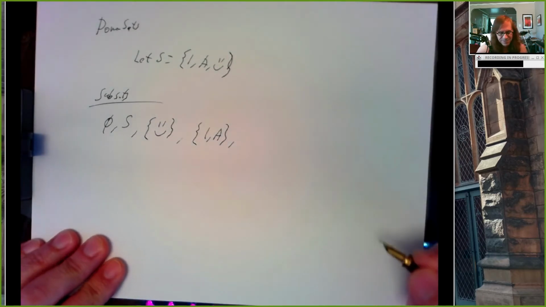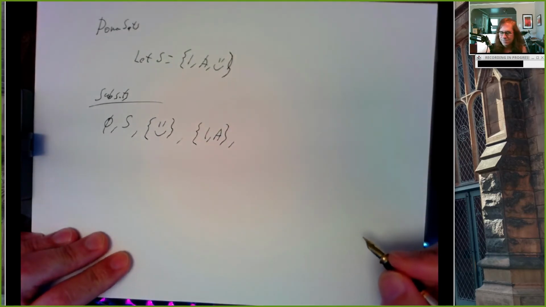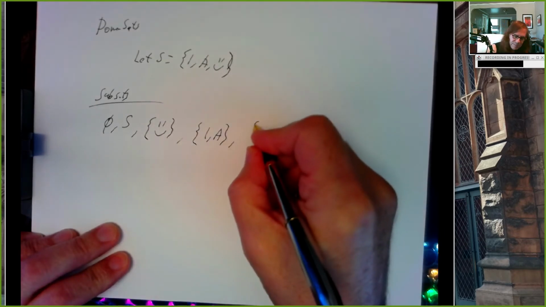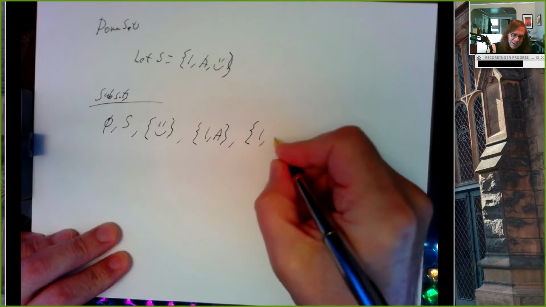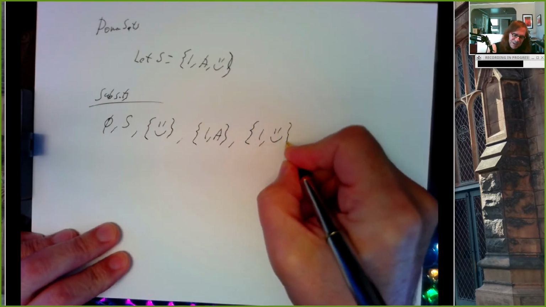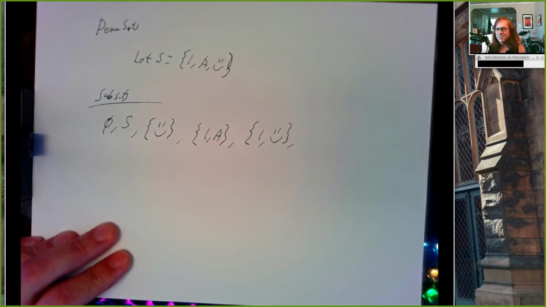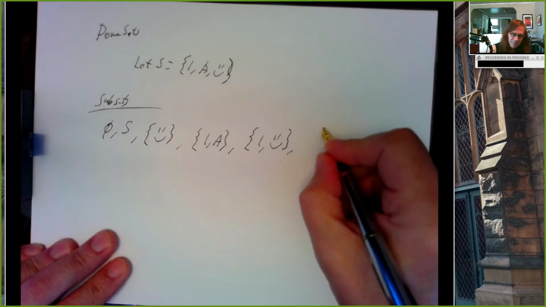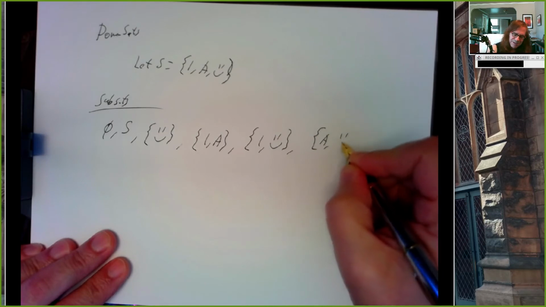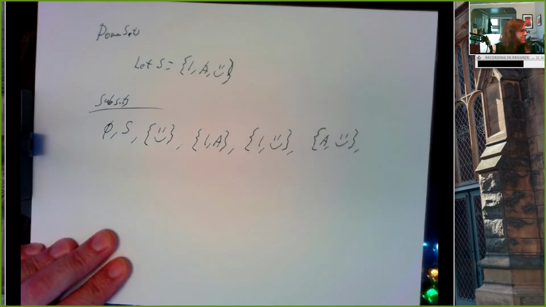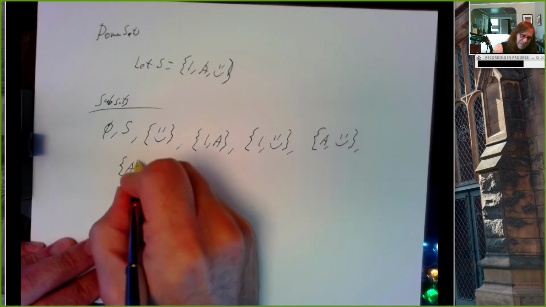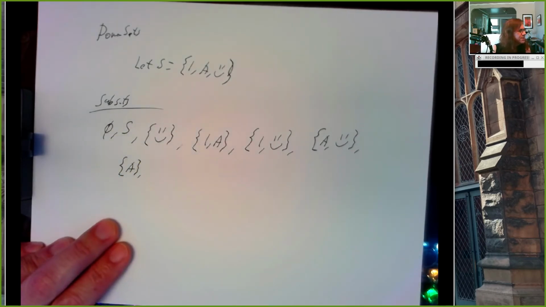Anyone else? Cameron in the chat said the set containing 1 and smiley face. That's a good subset. Any others? This is like calling bingo at the end. A and smiley face. Set containing A and a smiley face. That's a good subset. Set containing A. That's a good subset.